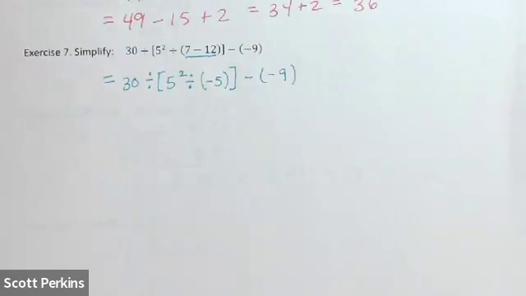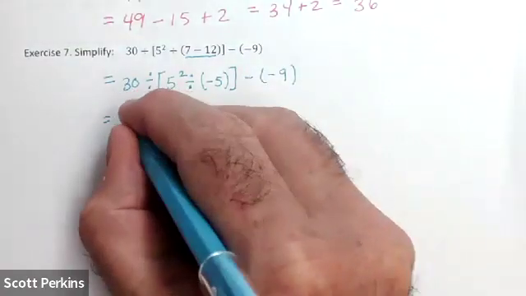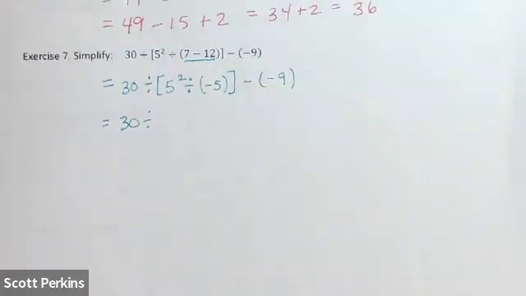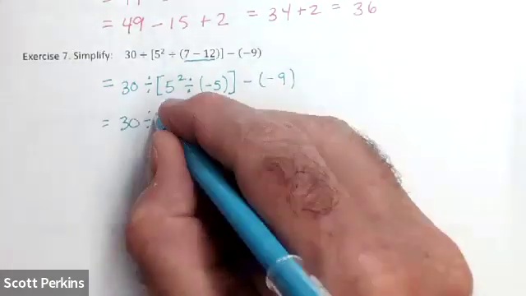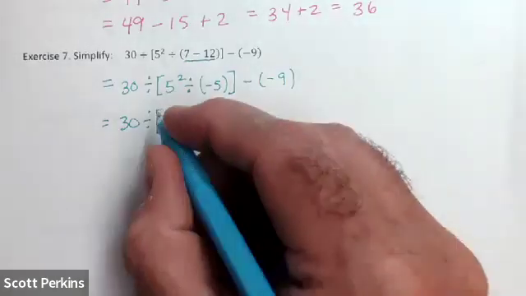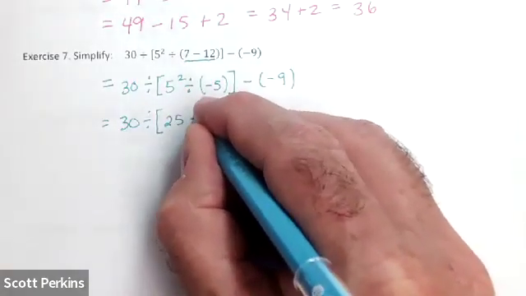I'm not done with the parentheses step because I still have parentheses: the squared-off parentheses, the brackets. So I've got 30 divided by, and inside the brackets I've got 5 squared divided by negative 5. I've got to apply the order of operations. The 5 squared is 25. The exponent's going to come first.